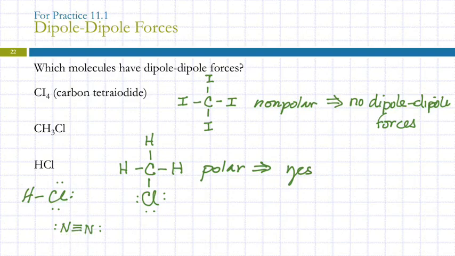So one is not stronger than the other in terms of pulling electrons. So the electrons in this bond are going to be shared equally. This is a nonpolar molecule. It's not going to have a positive end or a negative end. So the two nitrogen, that's nonpolar? This is nonpolar. But the hydrogen and the chlorine are polar. Yep. So that's nonpolar, and this one's polar.